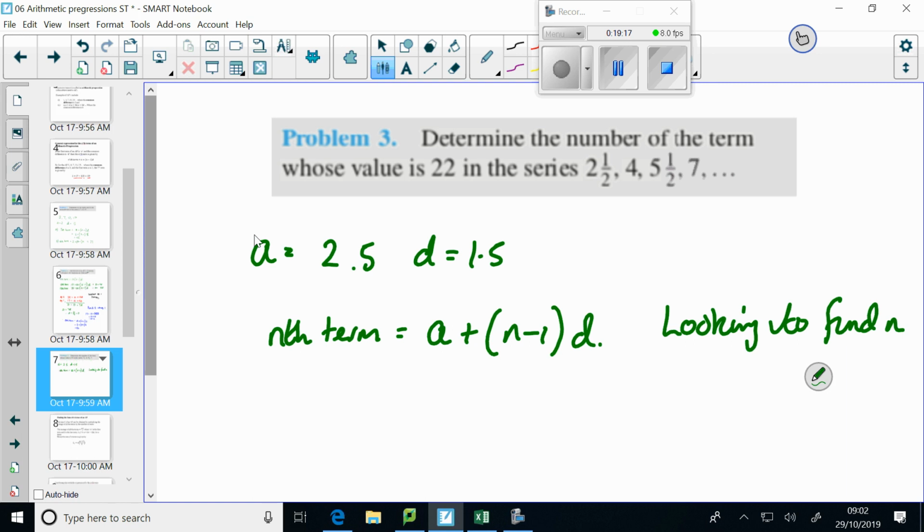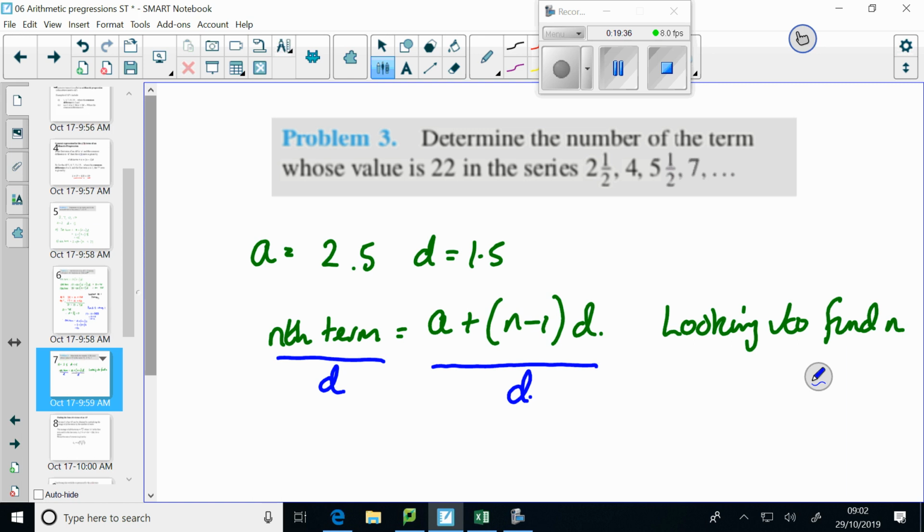If we divide both sides by d, you're left with a divided by d.